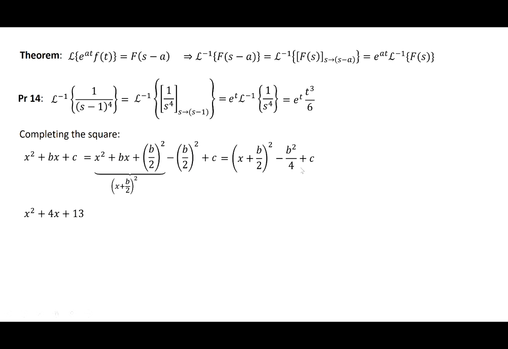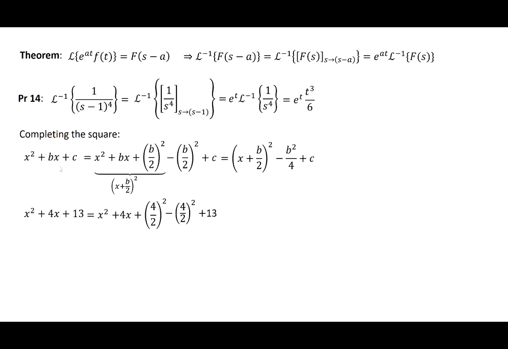Now, on the other hand, I have an example. Does it look like that? Yep, it does. What is b? 4. So what should we add and subtract? (b over 2) the quantity squared, that is (4 over 2) the quantity squared, and subtract the (4 over 2) the quantity squared. See, as a first step, that's exactly what I did.